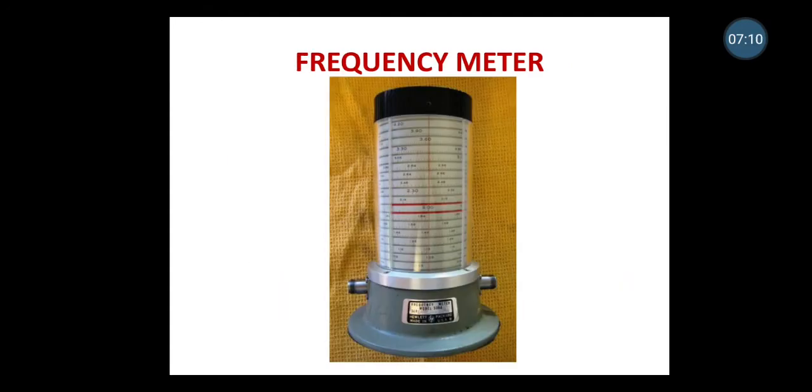And the frequency meter is yet another measuring instrument which is used for measuring the frequency. We know that for the microwave test bench setup, we'll be using microwaves of the frequency range about 8 to 12 gigahertz, or rather we can say that the entire microwave test bench setup is based on X band.